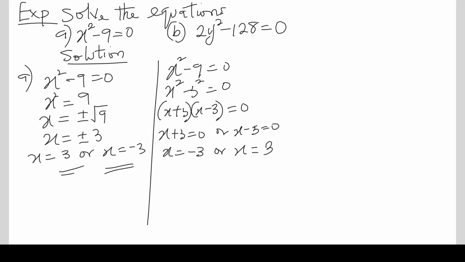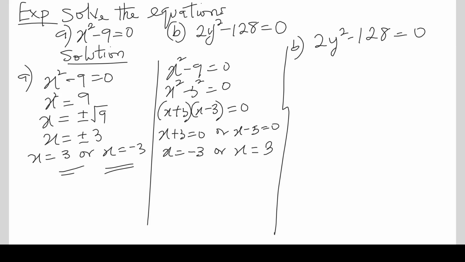Now let's quickly solve the second question. So we have B: 2y squared minus 128 equal to 0. Of course, we can apply the same procedure which we applied in the first one. So we have 2y squared equal to 128 when you bring 128 to the other side.